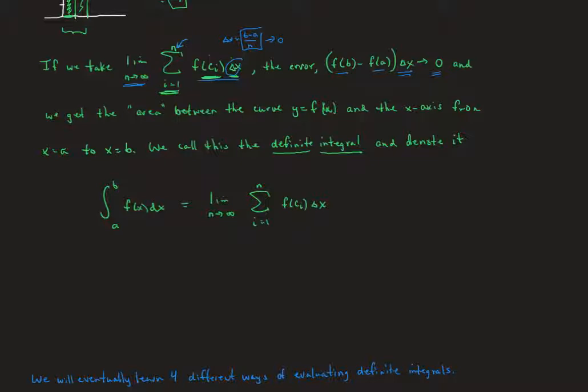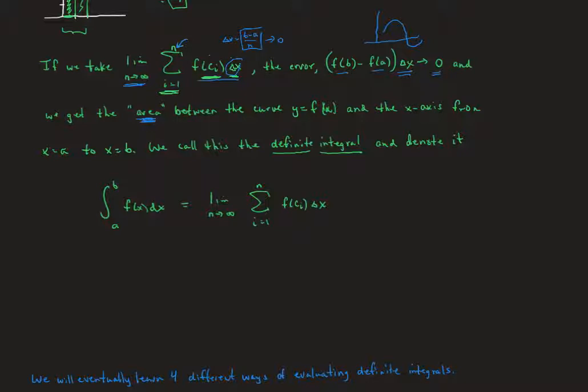And we say area in quotes because an area is always positive, and our function may be above or below the x-axis, so it's, in a sense, a signed area, or a net area, between the curve and the x-axis that our infinite sum is going to give us.